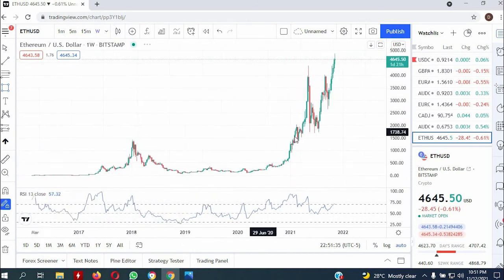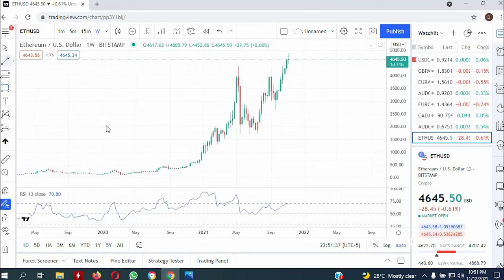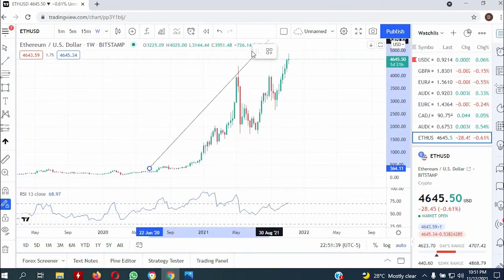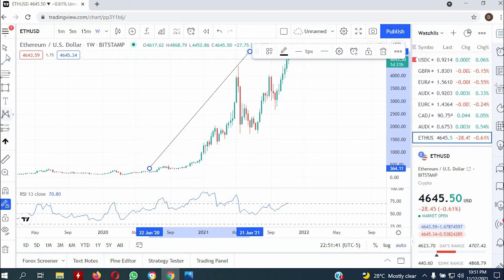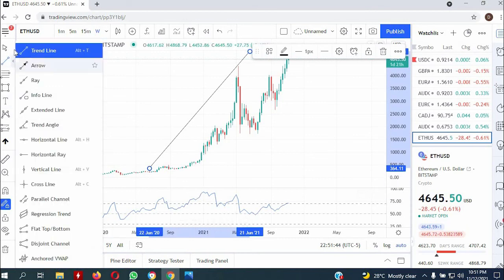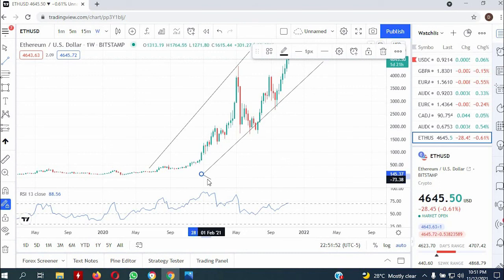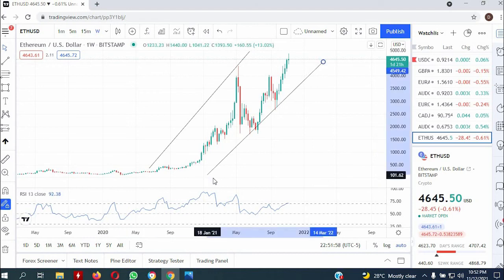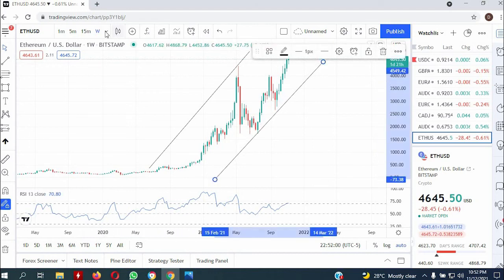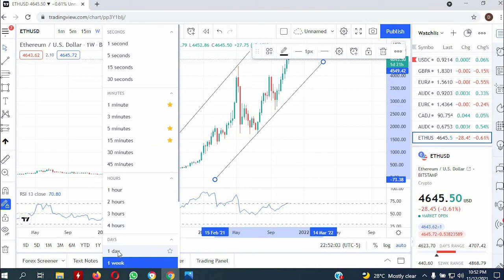So I'm on the weekly time frame for Ethereum. Ethereum and Bitcoin seem to be trading similarly. Go down to the daily time frame and see what's going on.